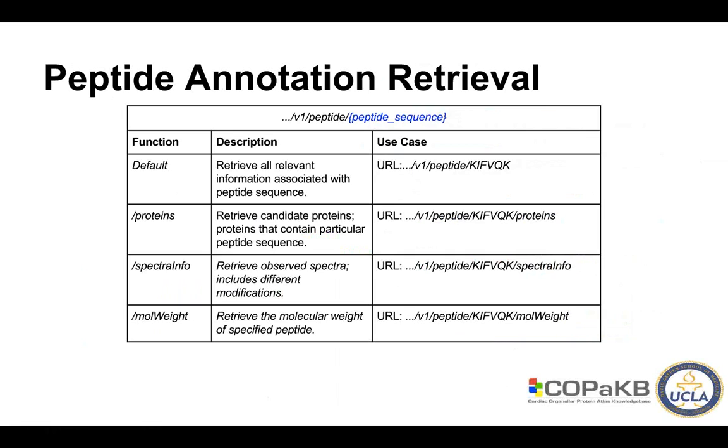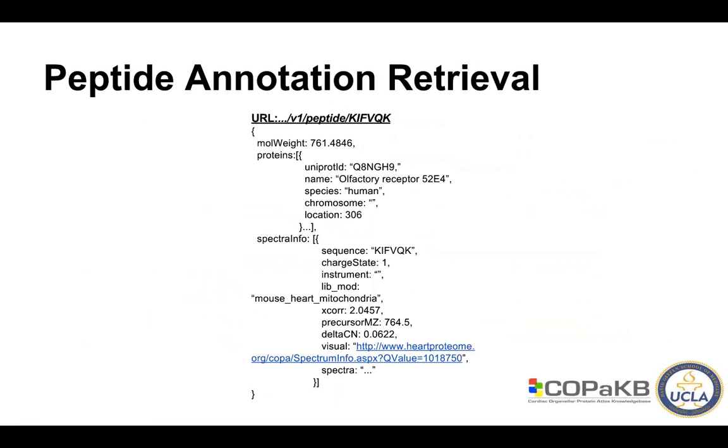Here, all you have to do is put in the URL and the peptide sequence, and by default, it'll show you all the relevant information associated with the peptide. You can also provide filters. If you just want the proteins, you can put /proteins, or just spectra info. Here's an example of what that JSON document would look like when you search a peptide sequence.